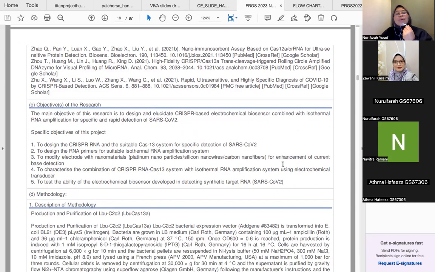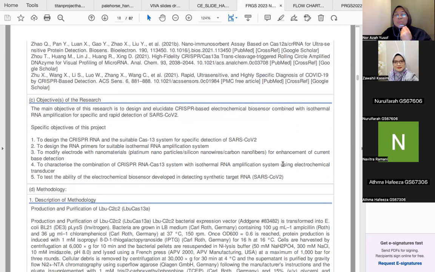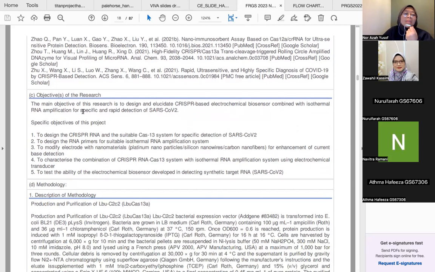Okay, so as I mentioned before, I have shown you the objective. In the objective, usually we can write this way. One is the main objective, or the general objective, or the aim. This is what you want to develop. This is what you want to achieve for the whole project. So this one is usually related to the title.